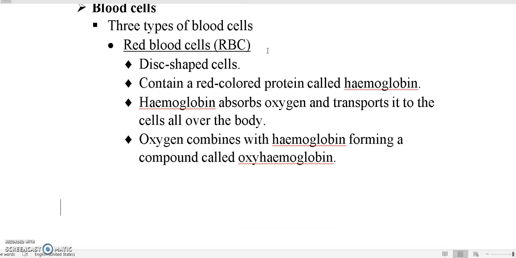Now what happens is, oxygen combines with hemoglobin. This oxygen and hemoglobin combine together, and together they make oxyhemoglobin. When the blood reaches the organ or the cells where oxygen is needed, this oxyhemoglobin breaks down and the cells use up the oxygen.